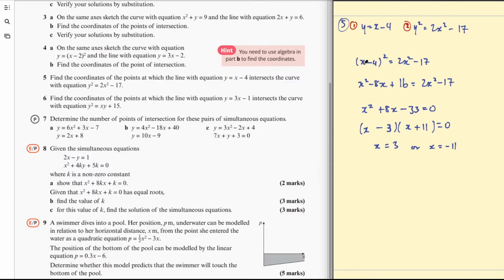And then getting the solutions for y, if x equals 3, y equals negative 1. If x equals negative 11, y equals negative 15. Okay. Now I'm wondering what to think at this point.